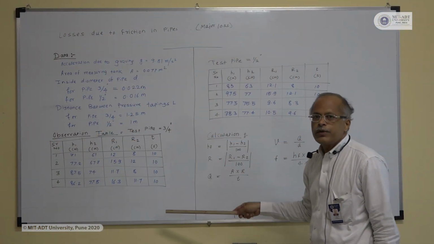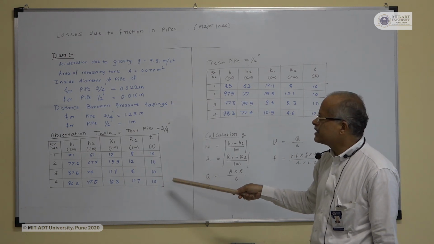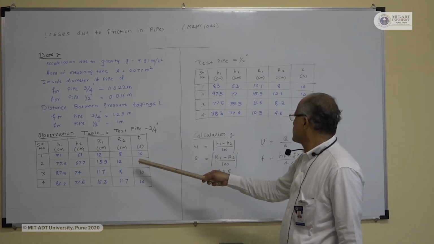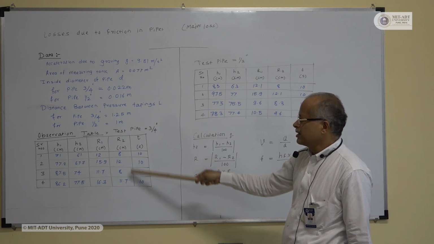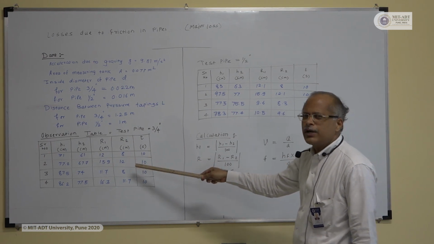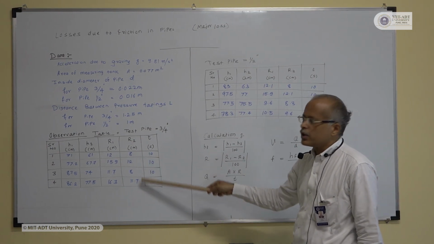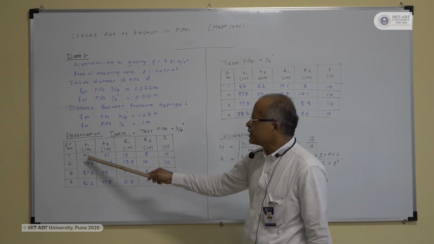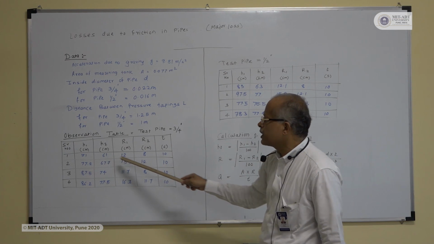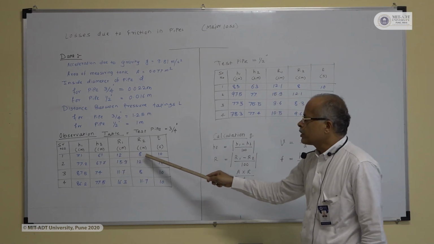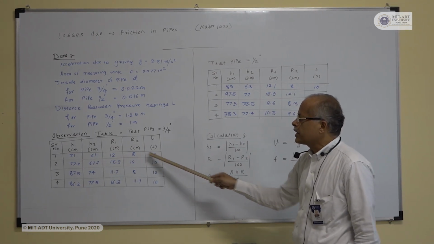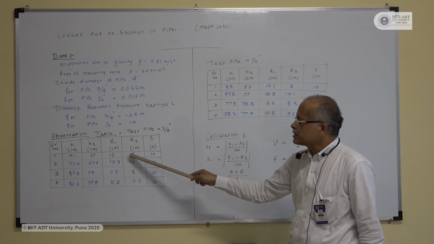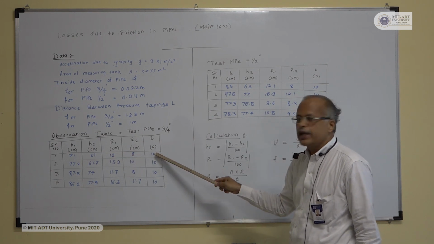This is a set of observations. In this experiment we are not keeping R2 constant; it is convenient to keep it constant, but not necessary. The first set: H1 is 71, H2 is 61, R1 is 12, R2 is 8, and the time for changing R from 8 to 12 is 10 seconds.